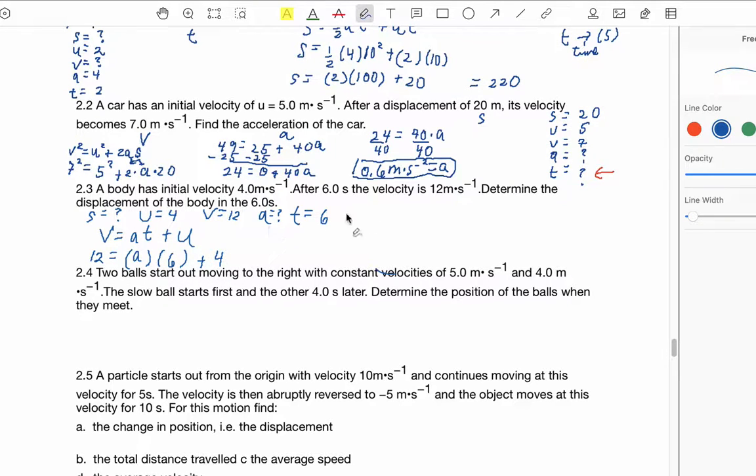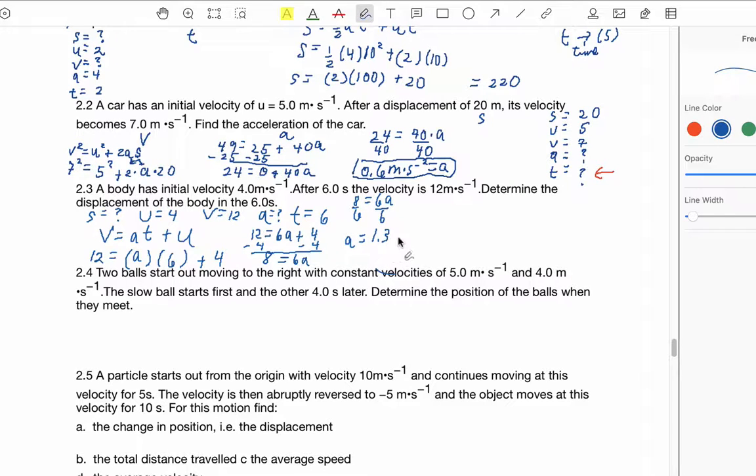Let me rewrite this here: 12 is 6a plus 4. We will subtract 4 from both sides, and that's going to get us 8 equals 6a. We'll divide by 6, and that's going to give us a equal to 4/3.